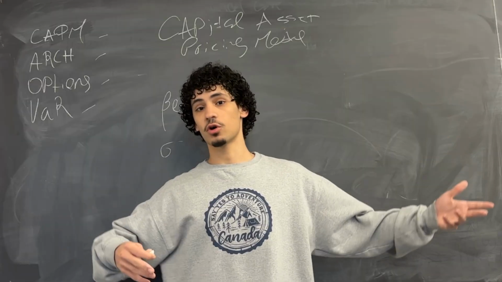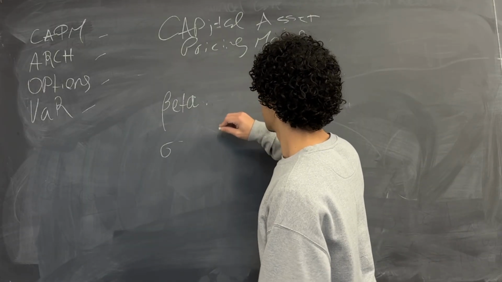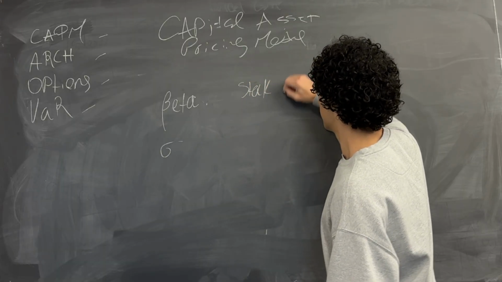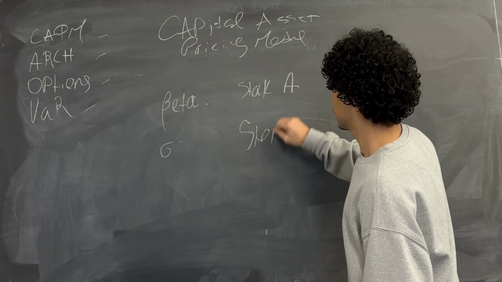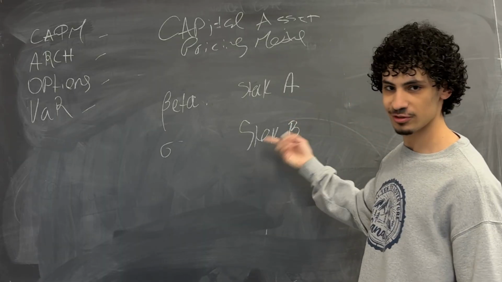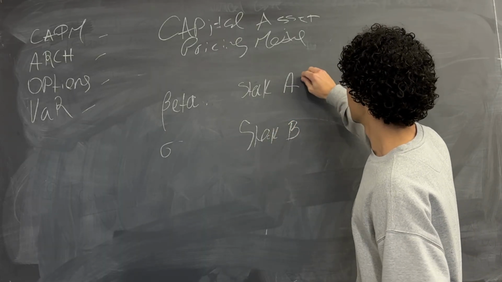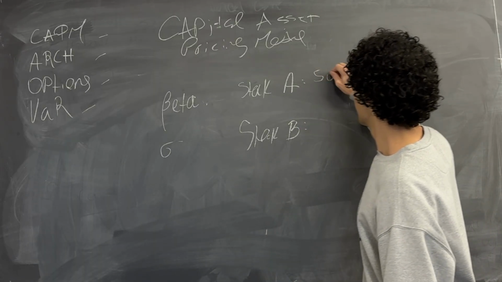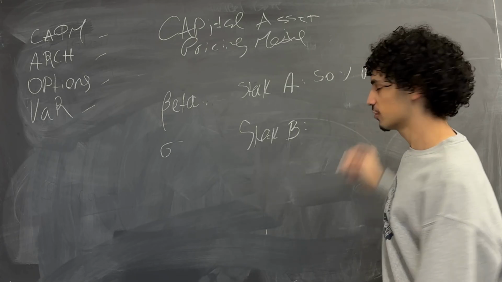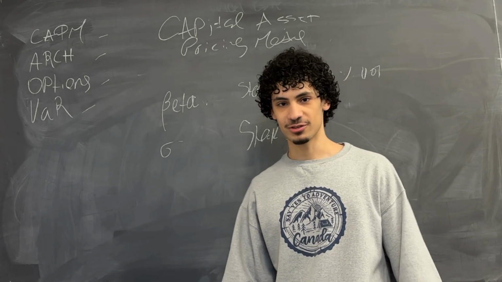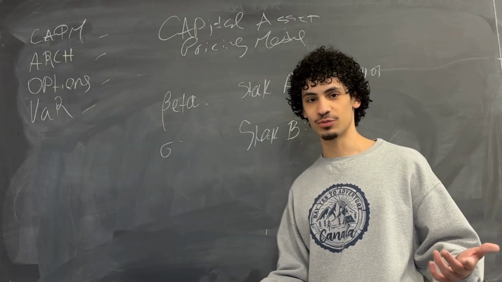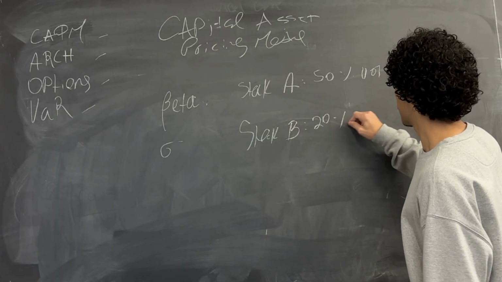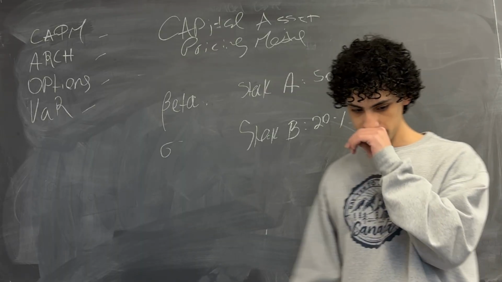We have stock A and stock B. Let's assume stock A has 50% volatility. So it's a very volatile stock. It's risky. You probably shouldn't work with the stock. And let's assume stock B has 20% volatility.